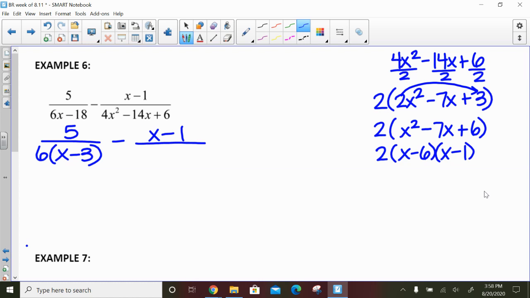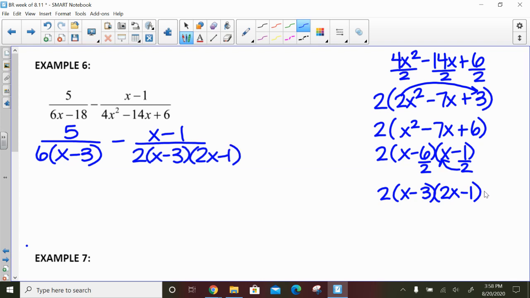Before I'm done with this one, I have to go back. The 2 that I multiplied by the 3, I have to divide that 2 back out. So this will give me 2x minus 3. And here, 1 divided by 2 cannot happen, so I'm going to bring this 2 up and get 2x minus 1. So that is this side.